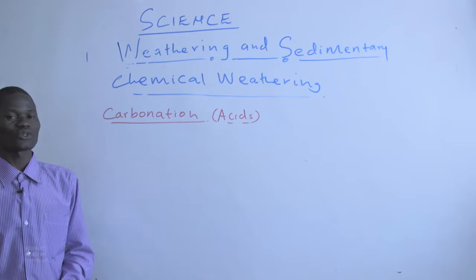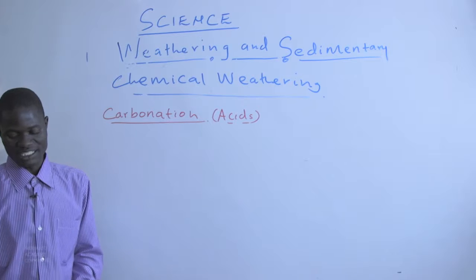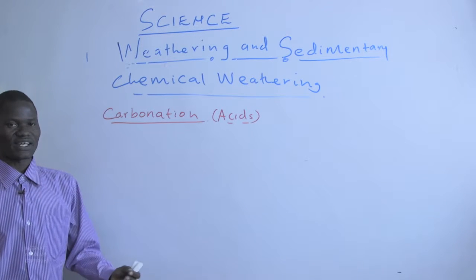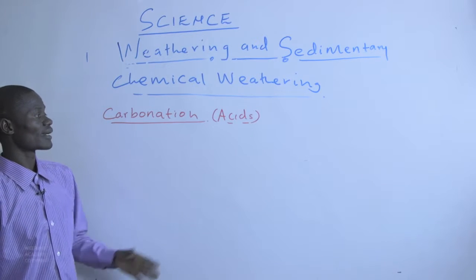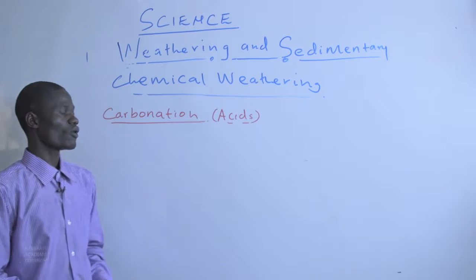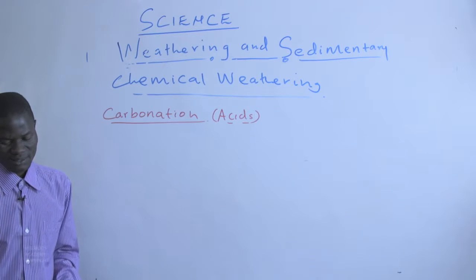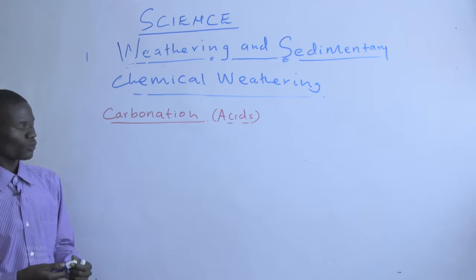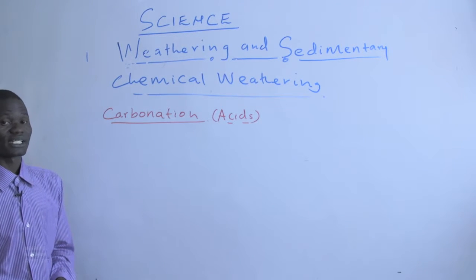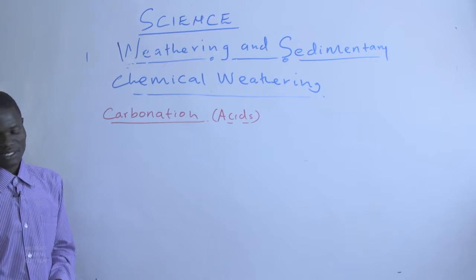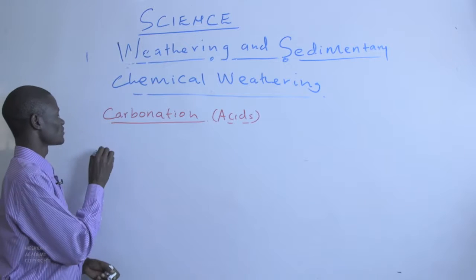And when it eventually meets limestone rock, it produces a chemical change in the process of weathering. For example, when limestone reacts with a weak carbonic acid, it may form calcium hydrogen carbonate.